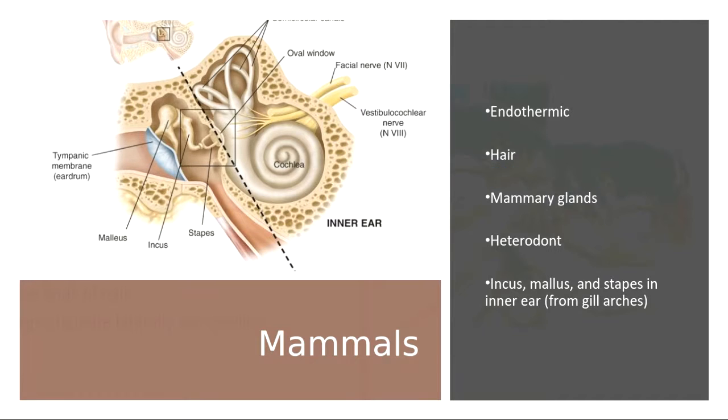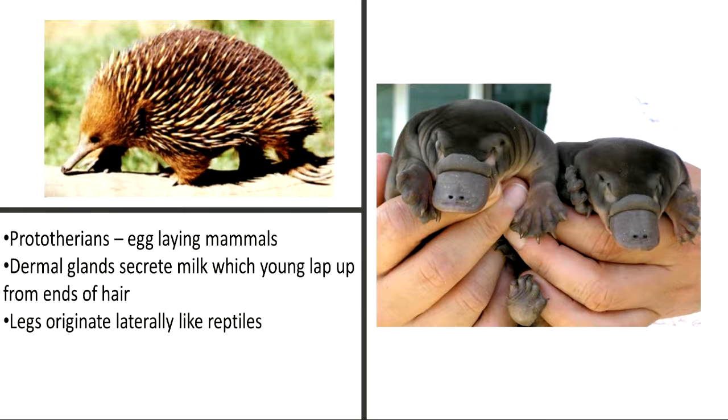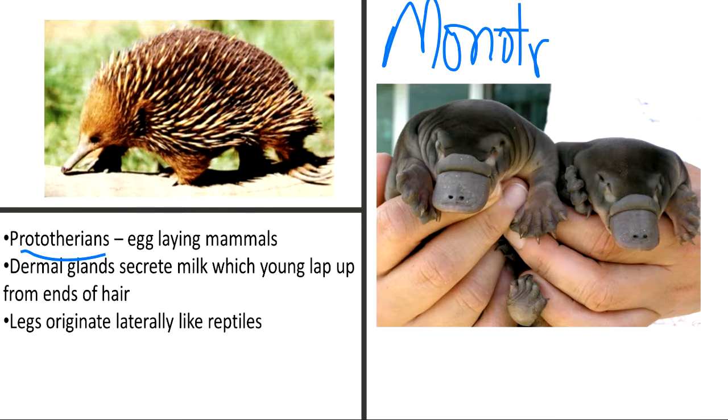I did say there were some egg-laying mammals, and those are these guys, the prototherians, also known as the monotremes. They're kind of primitive-looking mammals, very ancestral in their characteristics.